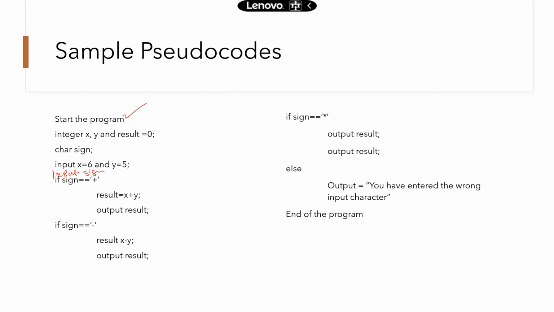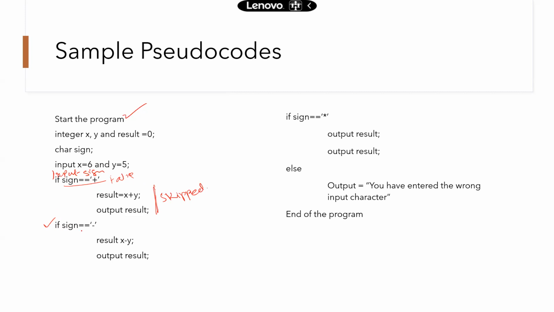If the input sign over here is equal to the plus sign, this would give you the addition result, and we output that result over here, right? But if this condition is, let's assume, false, this whole body will be skipped, and it would jump to this one.